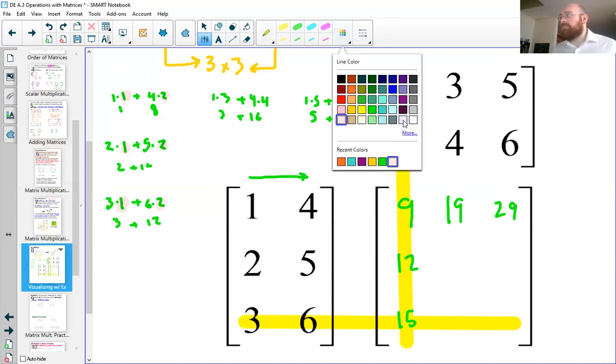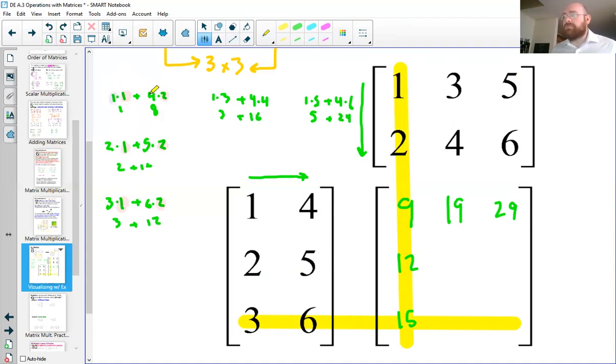If instead we look at the first numbers, all of the multiplications, if we go left to right, have the same numbers in the first position. So those are the numbers from our row.